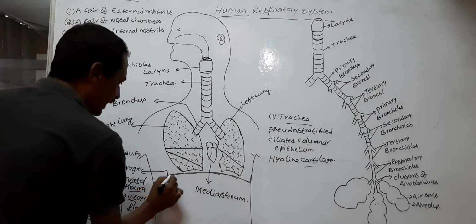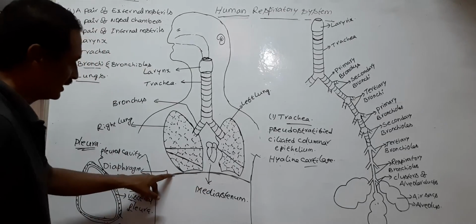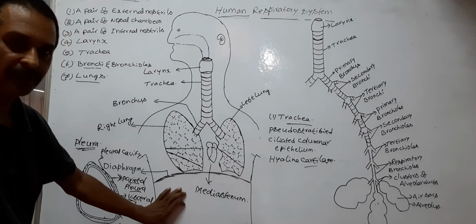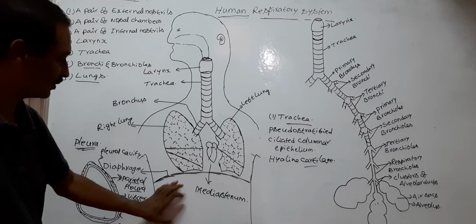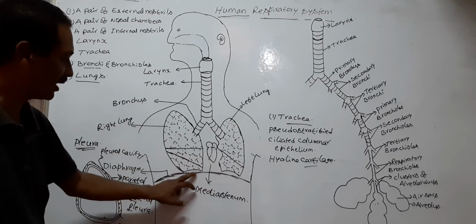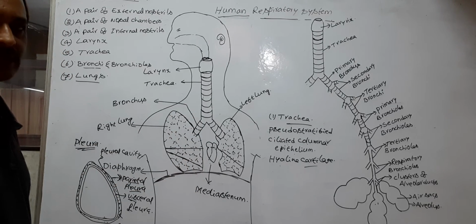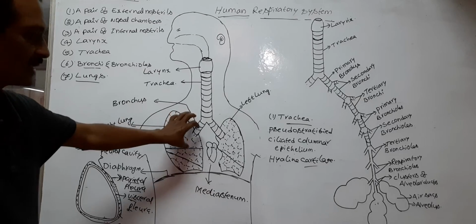This is the diaphragm. The diaphragm divides the thoracic cavity and abdominal cavity. So the two lungs are located above the diaphragm in the thoracic cavity or chest cavity.